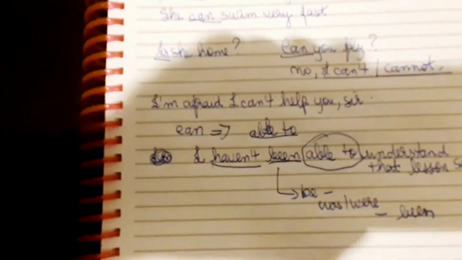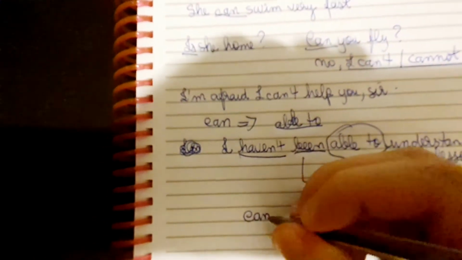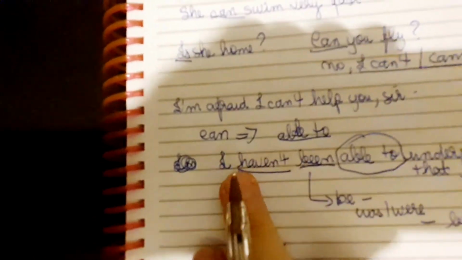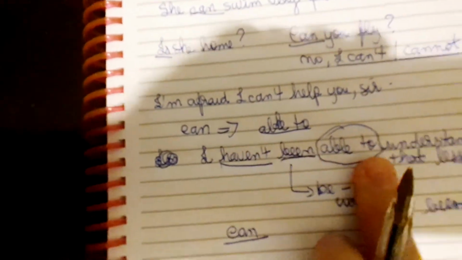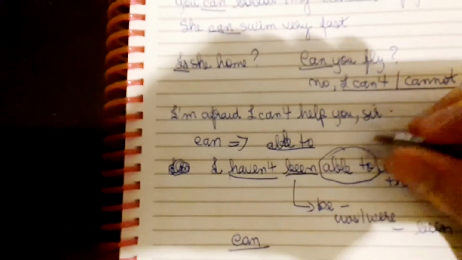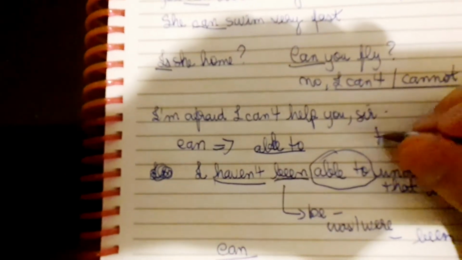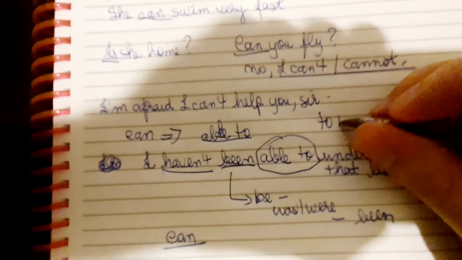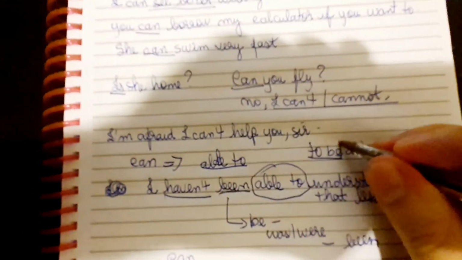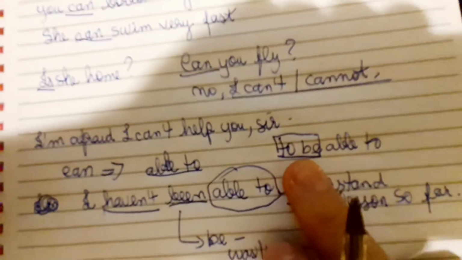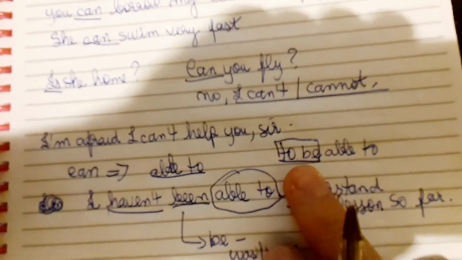But with the verb can, it's not possible to join the verbs like this. Able to is possible because it's like the verb to be. So you can use the verb to be able to in other verb tenses more easily than the verb can.